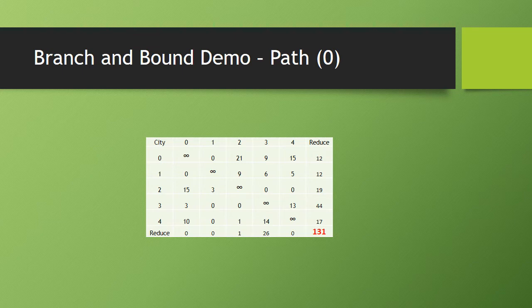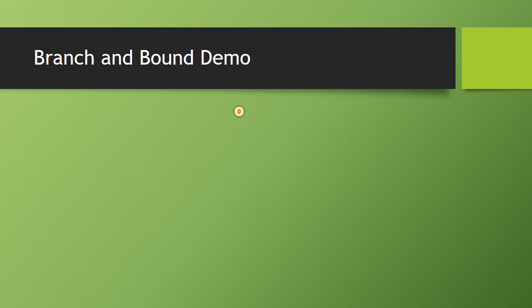And that gives us our lower bound estimate as 131. So we'll go back over to our tree that we've started, and we will note that the lower bound is 131. And then we'll expand this node. And now we will investigate in order nodes 1, 2, 3, and 4.